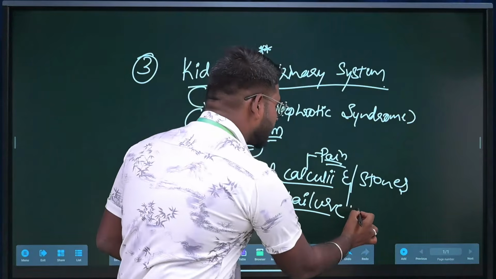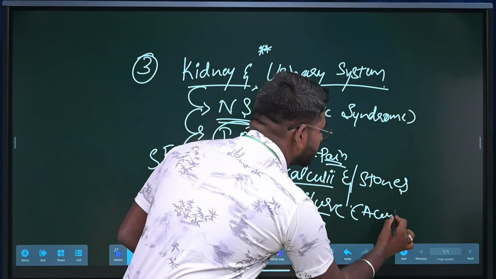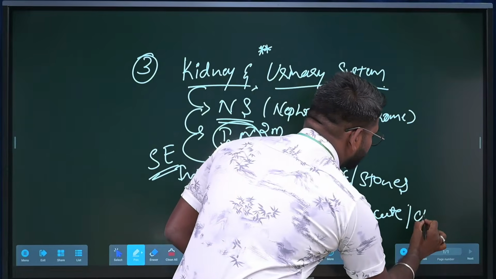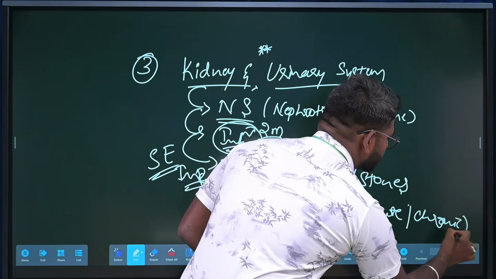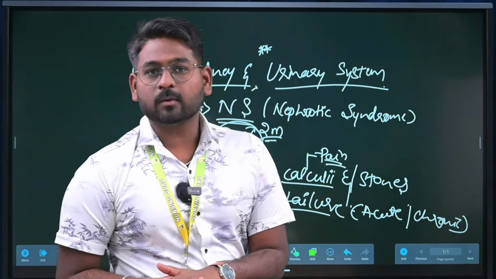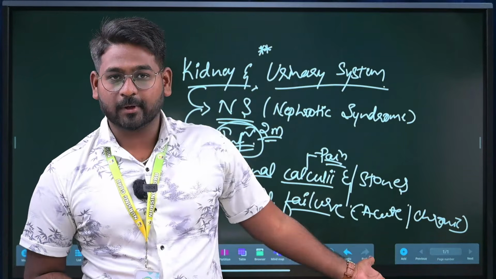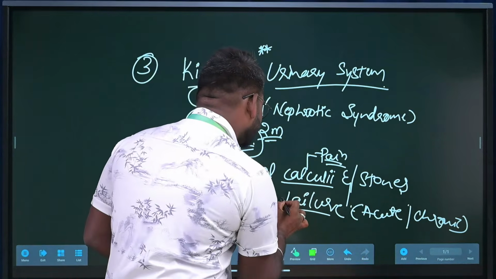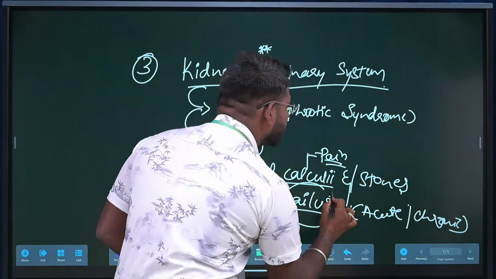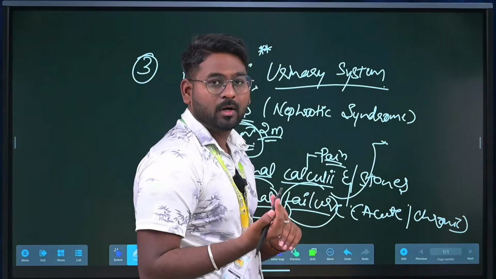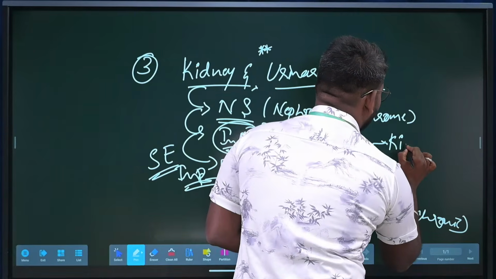We have already studied this; we have two types, the acute and the chronic. So the acute renal failure and the chronic renal failure. Don't be confused about renal failure, it is also called kidney injury.